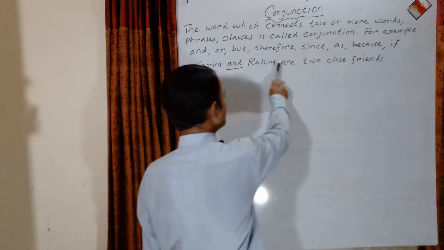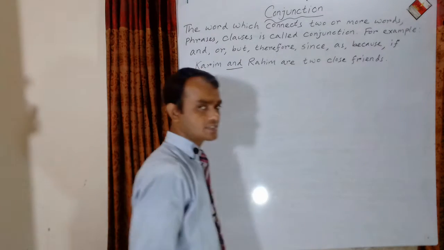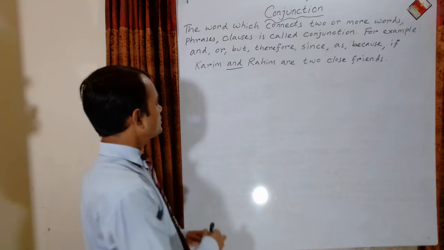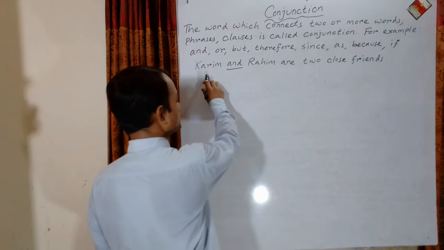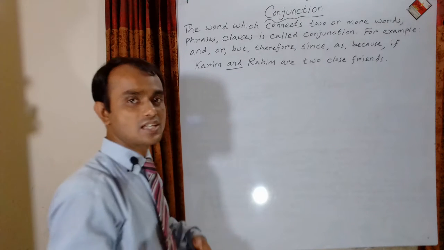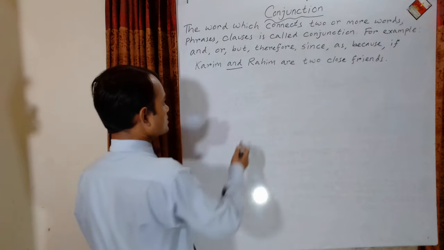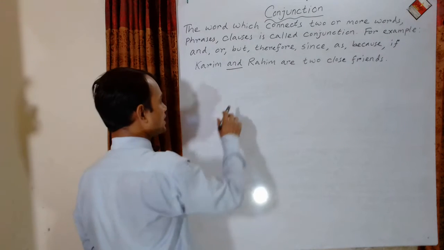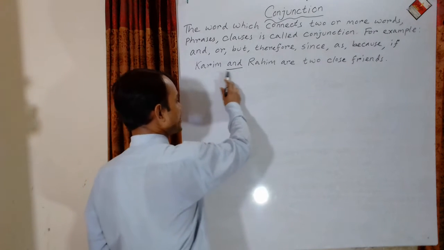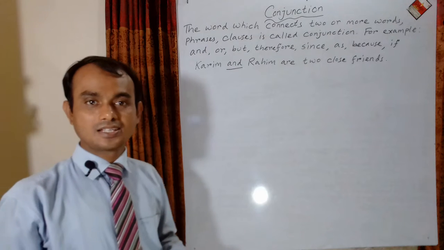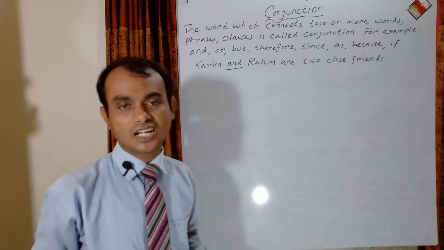Karim and Rahim are two close friends. Here, Karim is a word, Rahim is another word. These two words have been connected with the word and. This and is a conjunction.